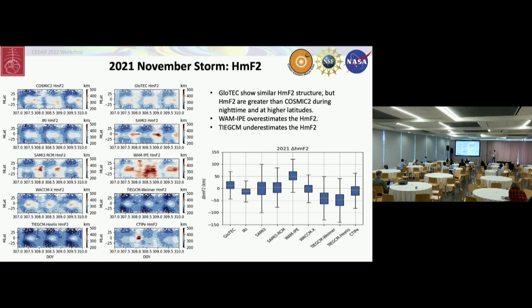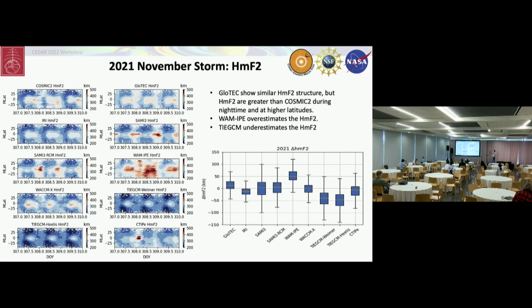Next is the 2021 November storm. Again, you can see the GROTEC and IRI show very good results compared with COSMIC 2, except that for the GROTEC, you can see the EIA structure is very comparable to the COSMIC 2, but during the nighttime and at high latitude, the quantity is slightly overestimated.